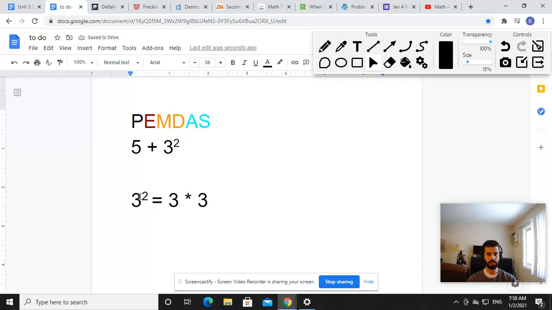If that were 3 to the power of 4, it would be 3 times 3 times 3 times 3. There would be 4 3's to multiply together. But it's only to the power of 2, and 3 times 3, that's simple. Remember, exponents comes before addition. So we get 9, and we add those two together, to get 14.